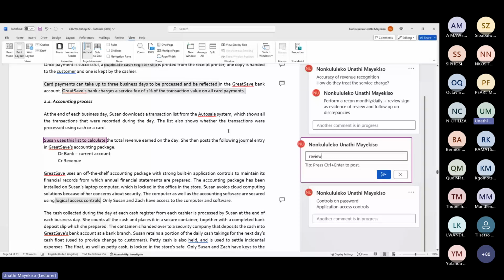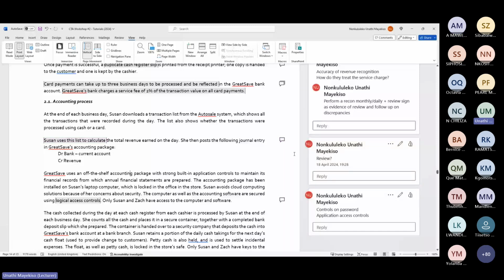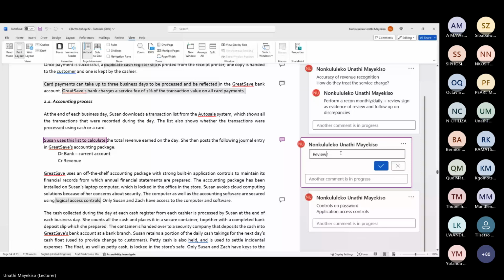And then you said something about the journal entry. Yes, so she just posts them to the journal entry without anyone reviewing the work. I think that's what I got. Okay, so you want review of calculation? Yes, review of calculation. Review of journal entry or journal posting.